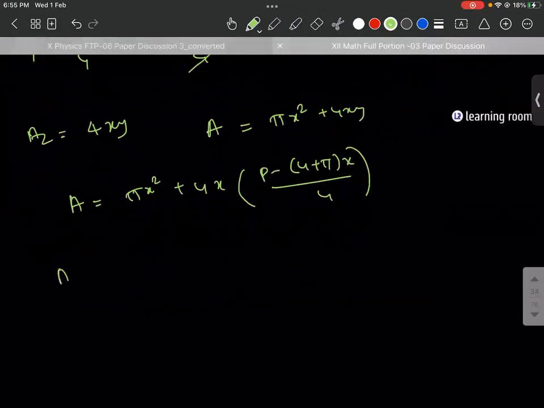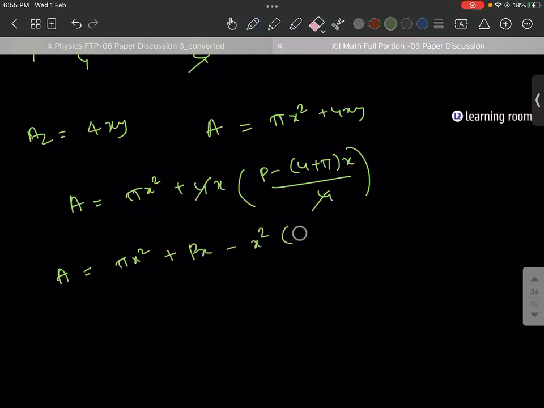Sir, 4 and 4 are gone. Yeah. Sir, can you scroll up? One minute. So pi x square and pi x square get cancelled. Px minus 4x square.